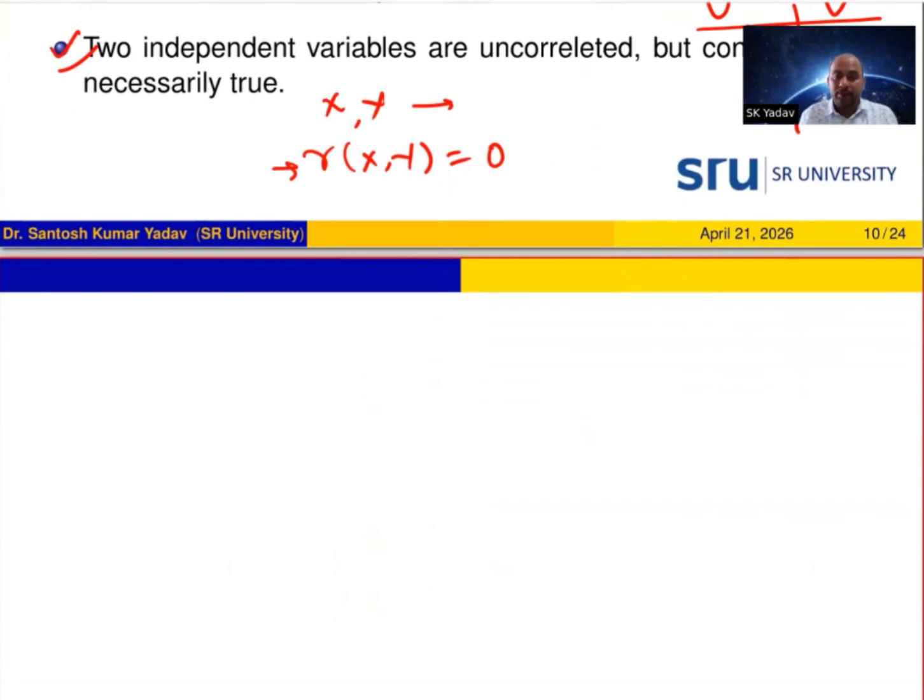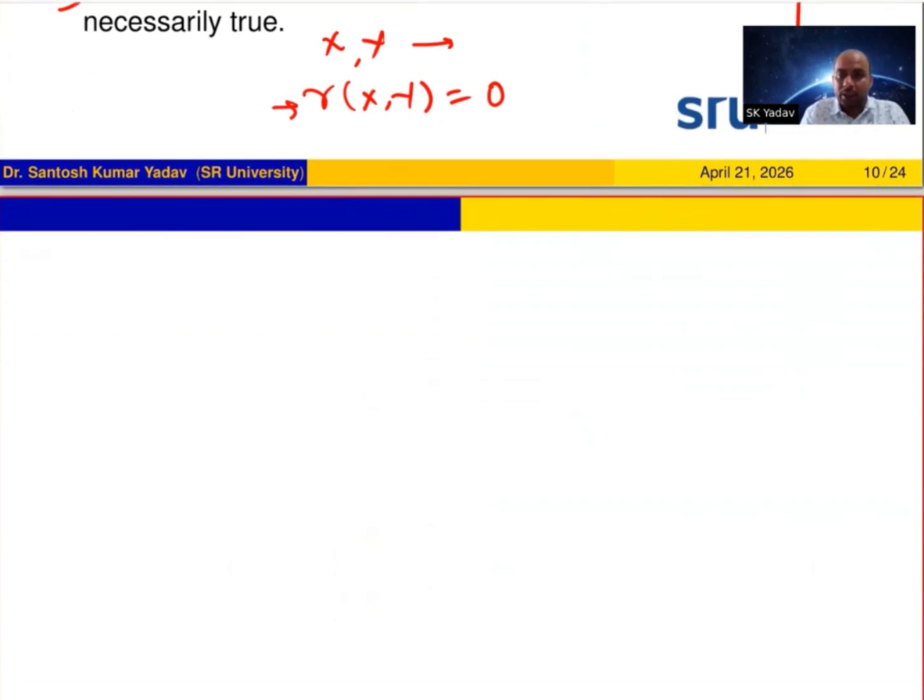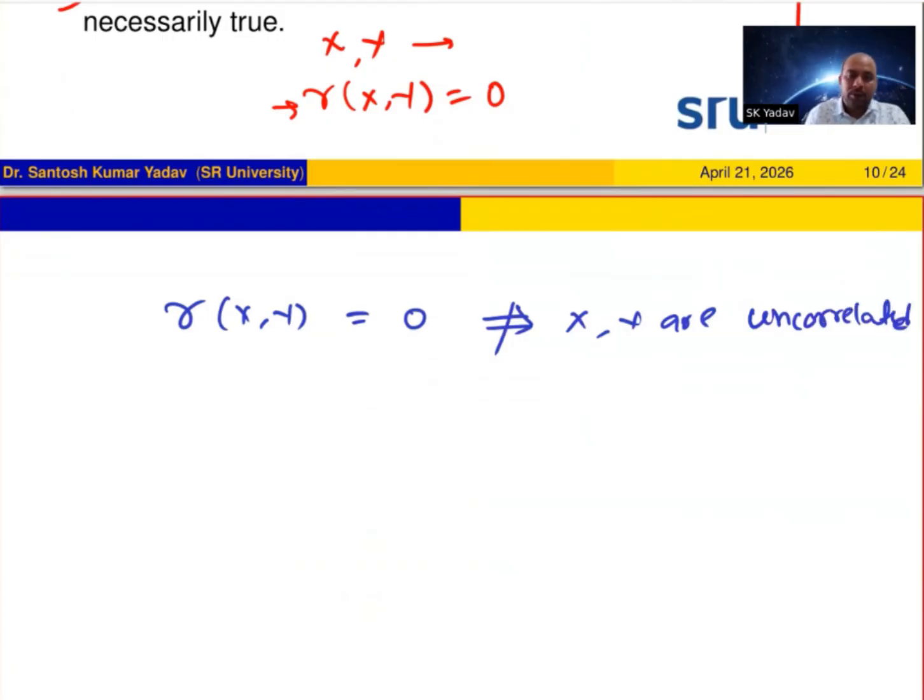So this kind of result we need to keep in mind: if r of x comma y equals 0, it does not imply that x and y are uncorrelated, because there can be quadratic or cubic kind of correlation.